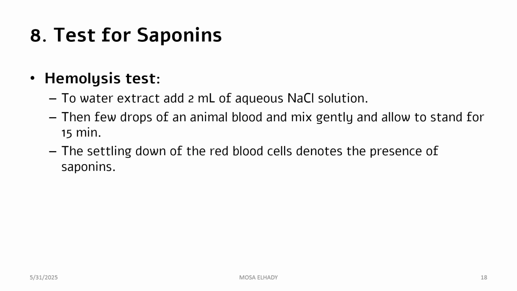The third feasible test for saponins is the hemolysis test. This test is based on the fact that saponins are toxic metabolites that produce hemolysis of RBCs. The test is composed of several steps. Firstly, in extraction and preparation, we use water extract and add sodium chloride solution to this water extract.